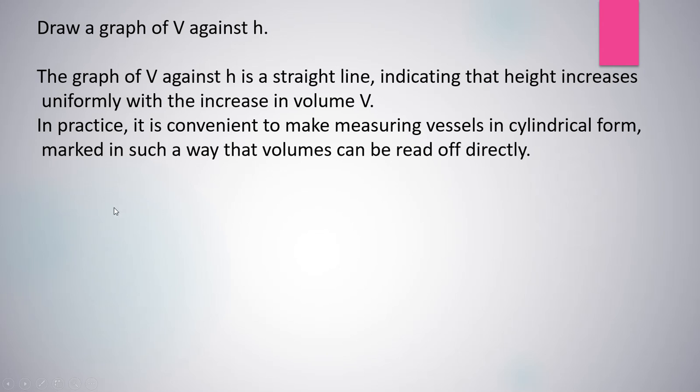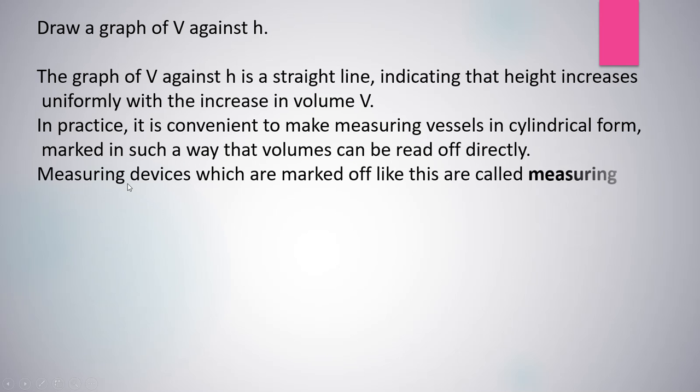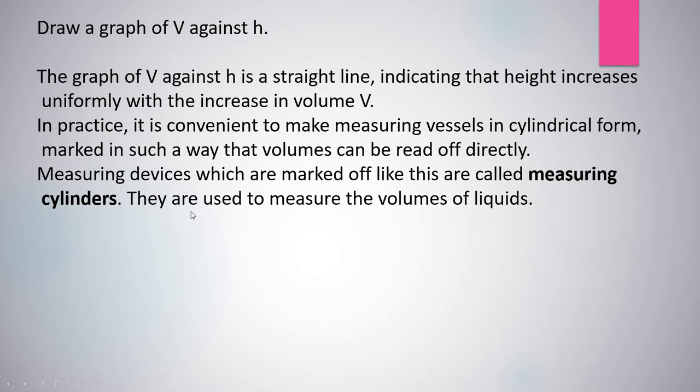So instead of first calculating the base area and then measuring the height, you can do that by simply calibrating or marking the cylinder. Measuring devices which are marked off like this are called measuring cylinders.